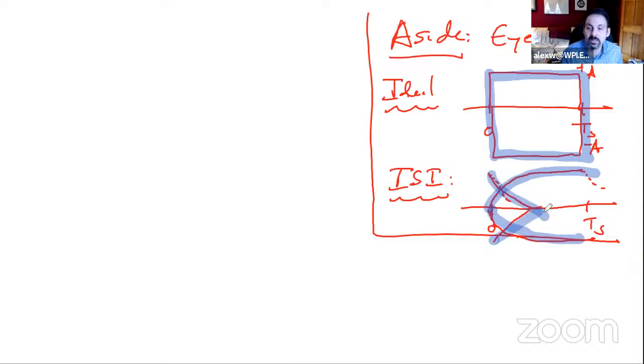So your eye begins to close, right? And that's usually a good observation when you see your eye diagram. First of all, everything gets shifted if there's any sort of time shifting, and your eye diagram no longer looks like a perfectly open eye, or even if it's slightly closed, begins looking very messy because of these contributions from previous symbols, right? All righty.